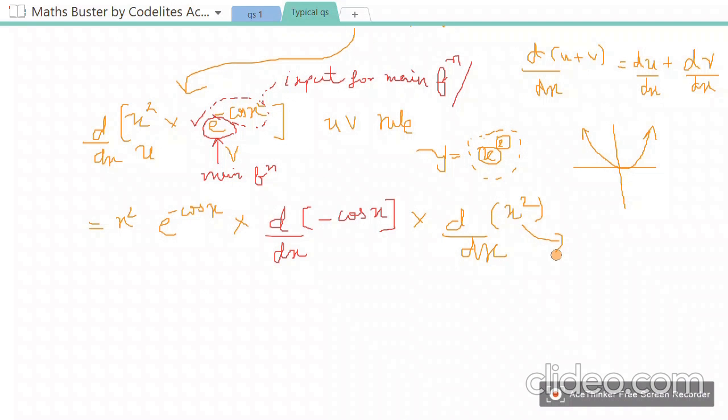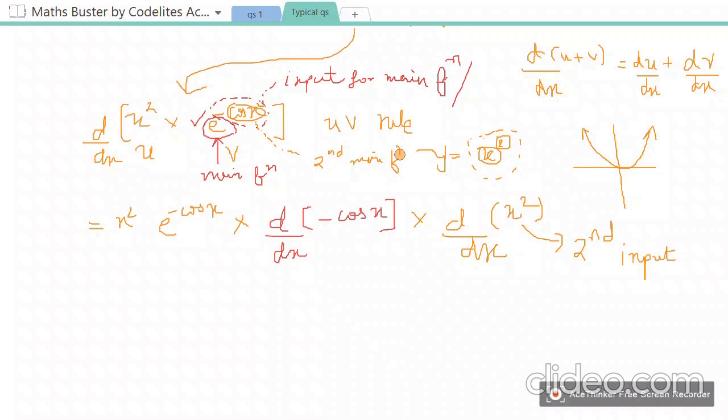X square was your second input. It is input for what? It is input for cos x. So cos x at that time would be your second main function.